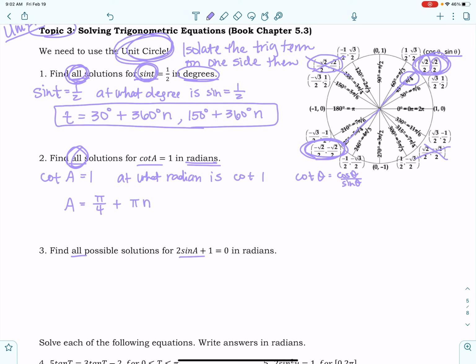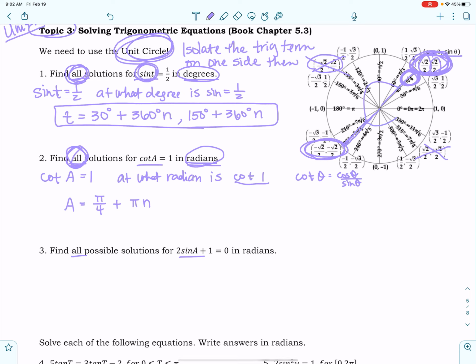Now, I want you to see why. Cotangent is 1 right here, and that's at pi over 4. I'm writing it as pi over 4 because I was asked for the solution in radians. Since I want all the solutions, I have to account for all the rotations. If I rotate pi, which is 180 degrees, half the circle, then I get to the other value, which is 5 pi over 4.